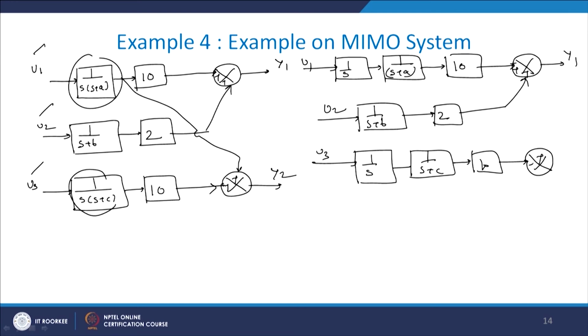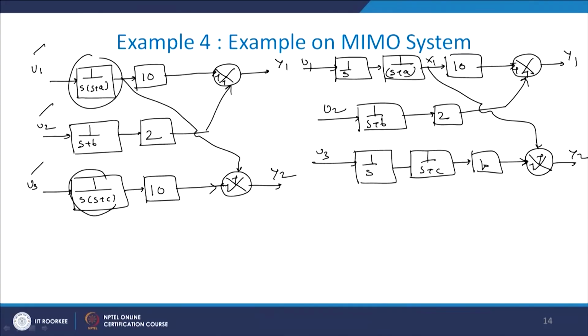So you see positive values, and the other connections. From where has it come? We see that it has come from this side. So here input u1 is connected to output y2.